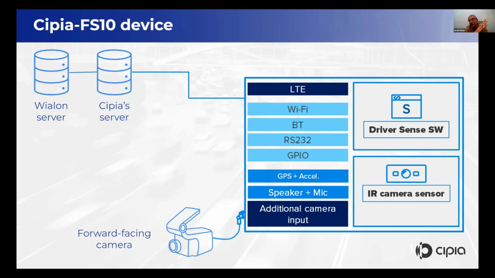In the future, it will be used for communication between driver and headquarters. We are using an infrared camera sensor, and we are using Cipia's Driver Sense software to do the algorithmic detections. There is a possibility to add a forward-facing camera that currently is used for the Mobileye integration, and in a second we are going to talk about it.